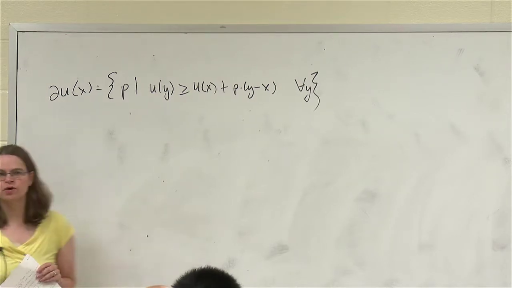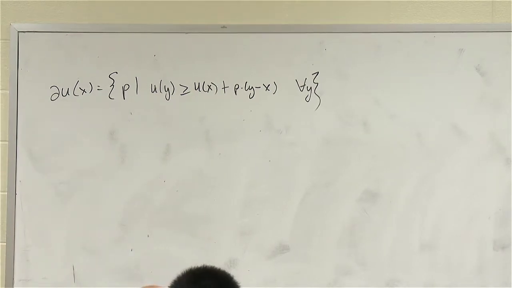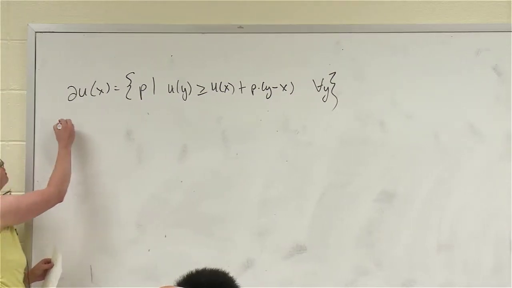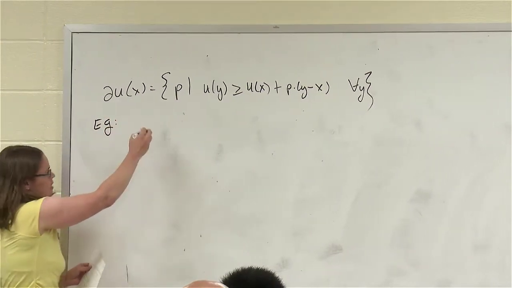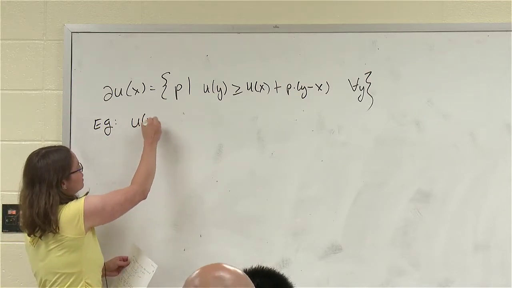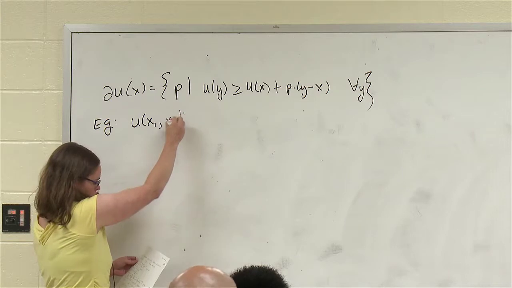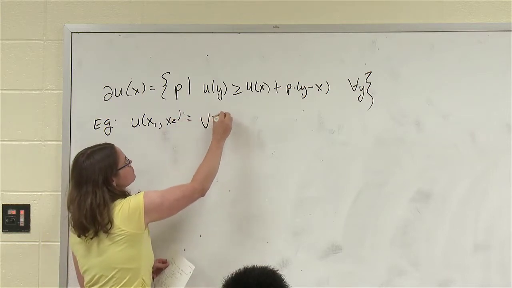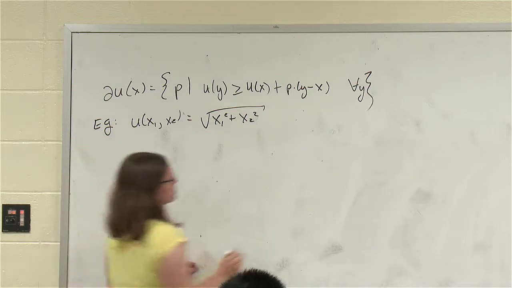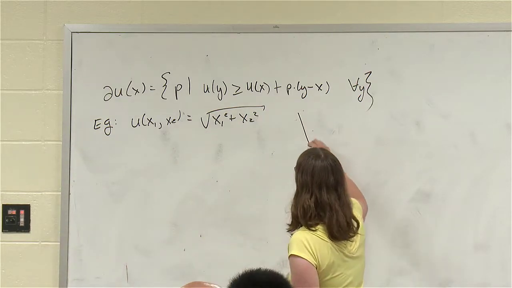Okay, so I want to do just a quick example of this because this example actually ends up being important later on. So let's say that the function I have is a cone. Okay, so this looks like this.